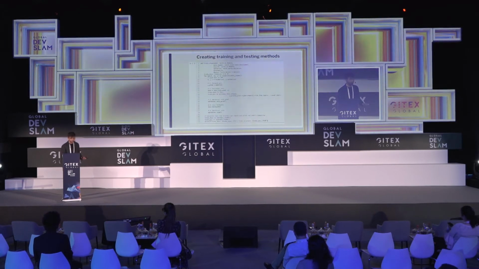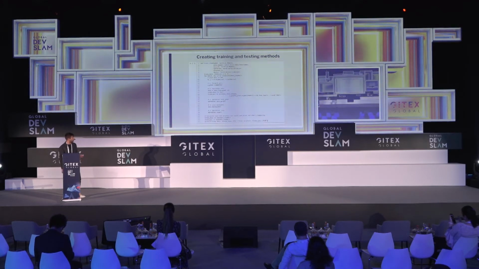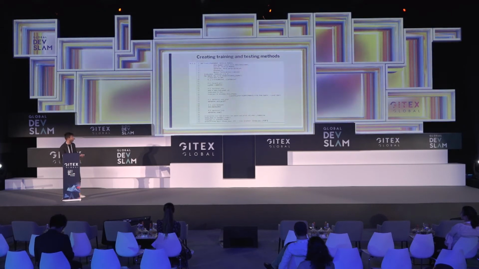So then we need to create the training and testing methods. The training method consists of, firstly, doing the forward pass. In the forward pass, your model goes through all the training data. Then you need to calculate the loss, to see how inaccurate your model's predictions are.